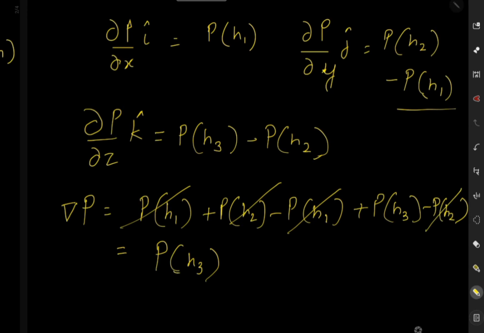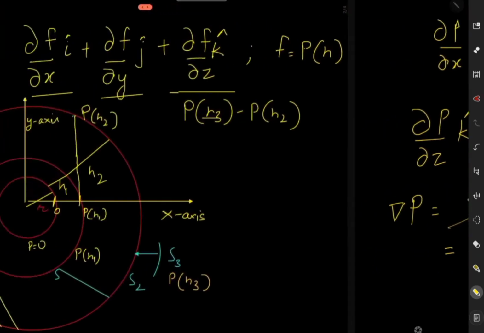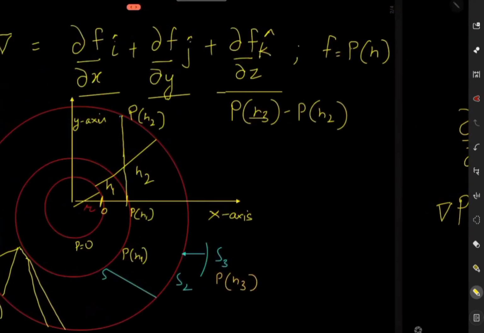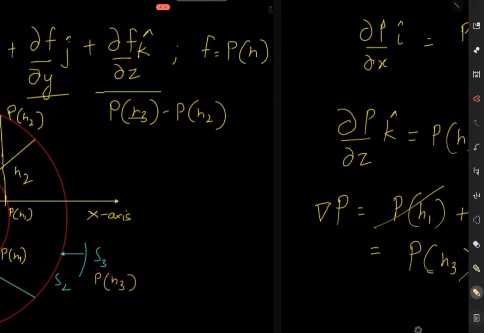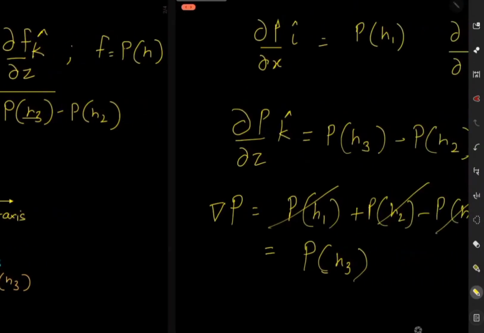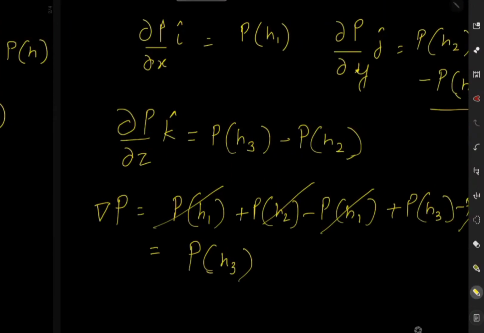So now you have started gaining the essence of what is gradient. Gradient is the change in function after moving in X direction, Y direction, and then Z direction.